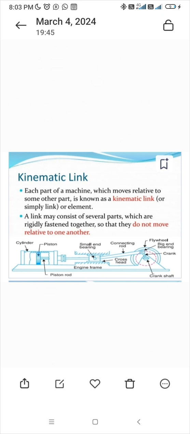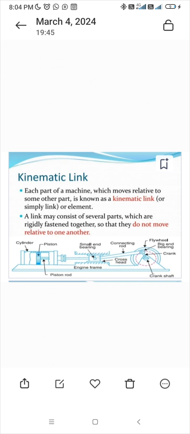Here I have brought a practical example. This is the reciprocating steam engine. Here we can consider it as four different links. For link 1, we notice the piston. The piston rod is mounted on the piston, and the crosshead is there. It constitutes the first link.